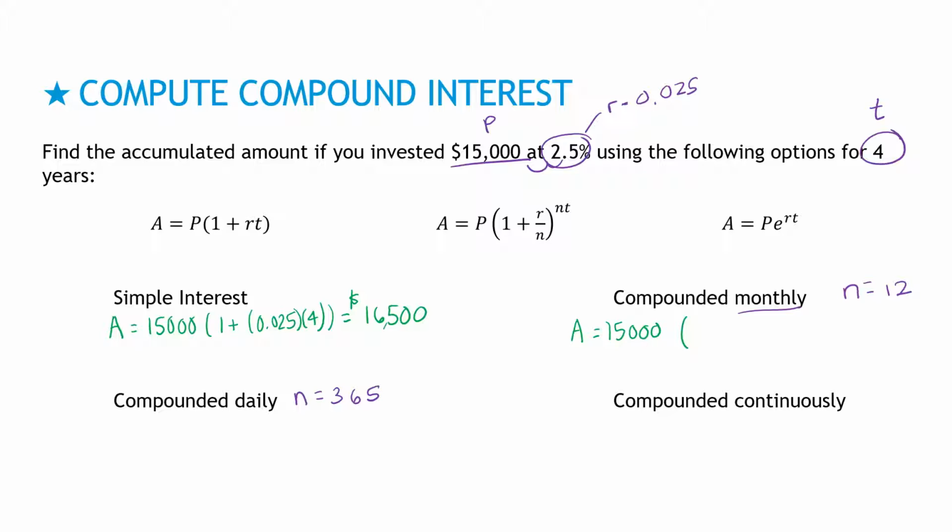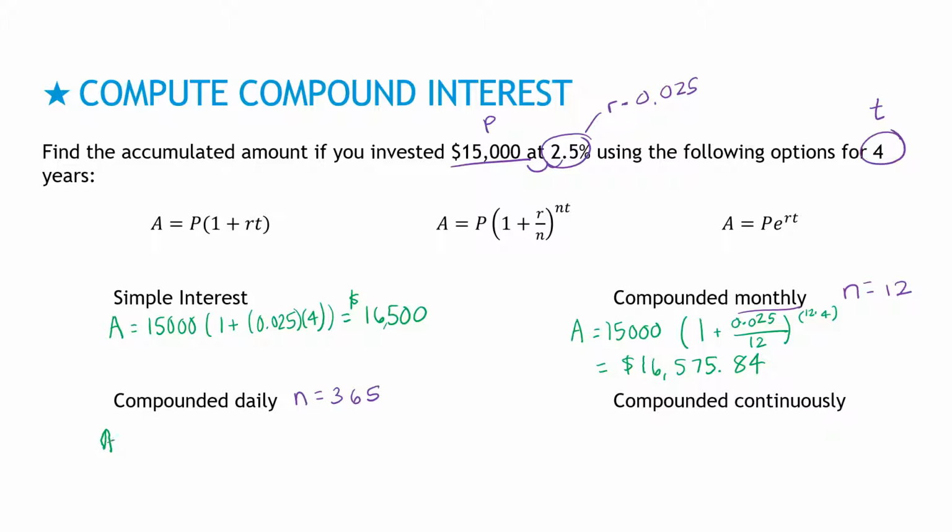Then I'm going to take 1 plus, my rate is 0.025, my N is 12 times per year, and I'm going to take that to the 12 times 4, 12 times a year times 4 years. And when I do that, I get 16,575, rounded correctly 0.84 because it was 0.839.